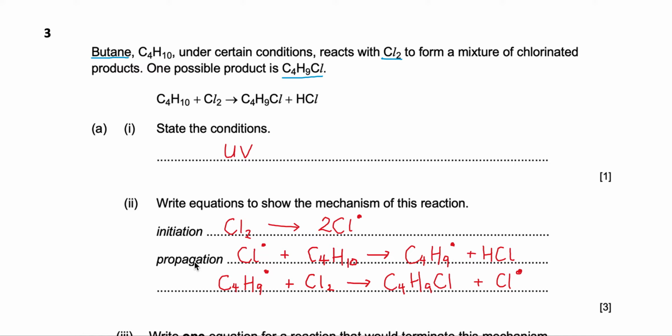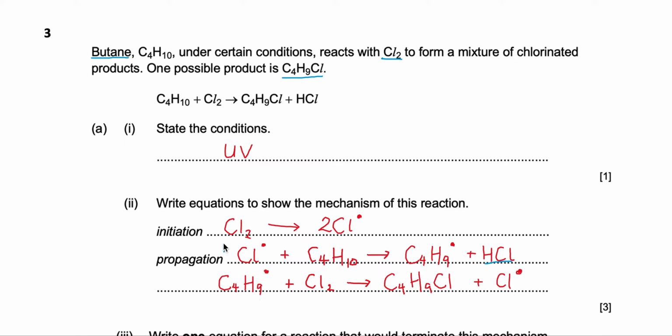Propagation, if you remember, it's very similar steps for whatever hydrocarbon we're using. The chlorine radical plucks off a hydrogen from that hydrocarbon to form HCl, and then we're left with a radical on that hydrocarbon. So we've got C4H9 radical, because the hydrogen's been plucked off. This radical then reacts in the next step of propagation.